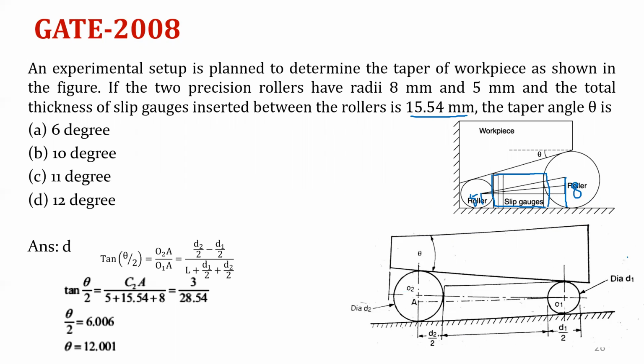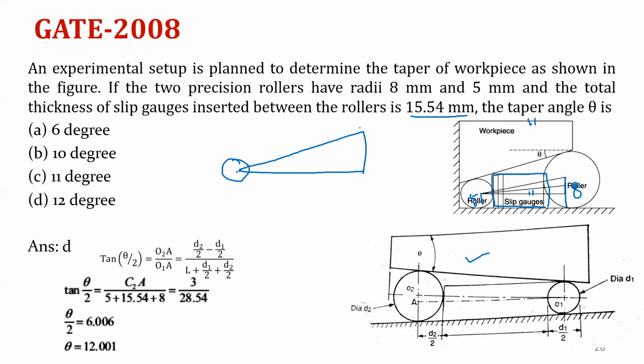So this is the same as the previous problem. Here this top surface is parallel to this surface. So this is the roller.